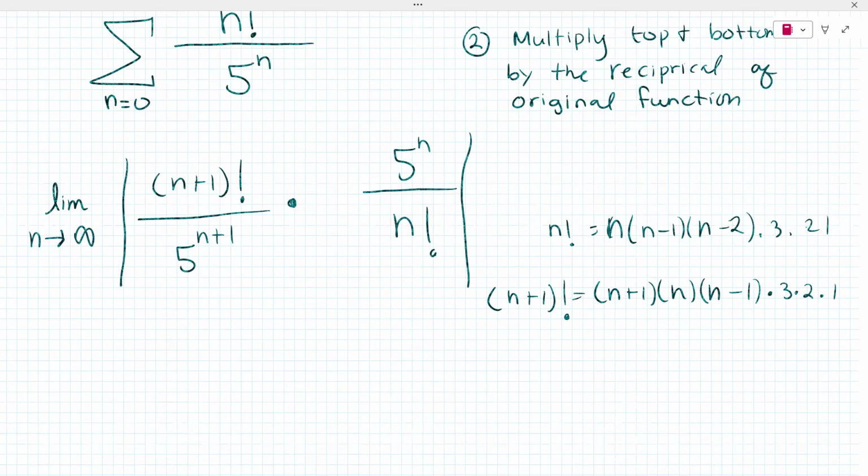So when you expand the factorial, you're going to get this. Remember, n factorial is n times n minus 1 times n minus 2, and n plus 1 factorial is n plus 1 times n times n minus 1.